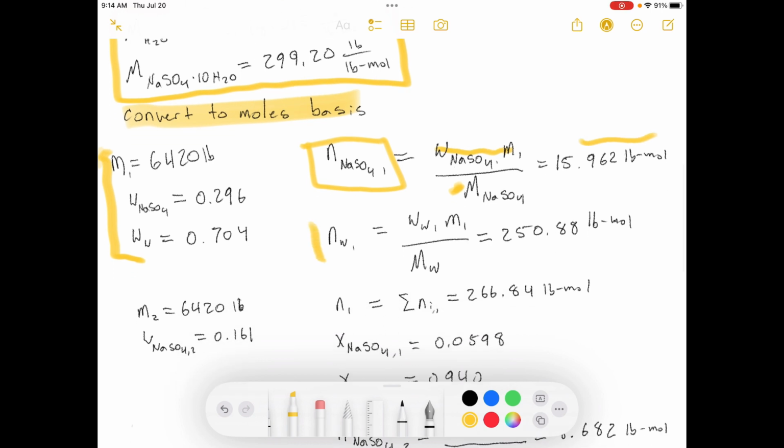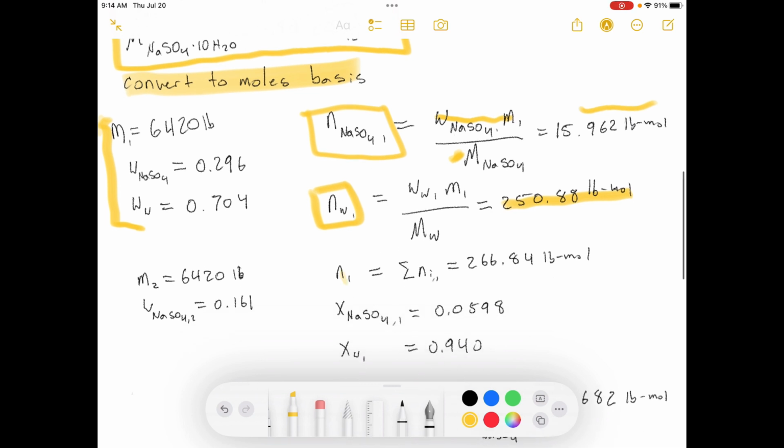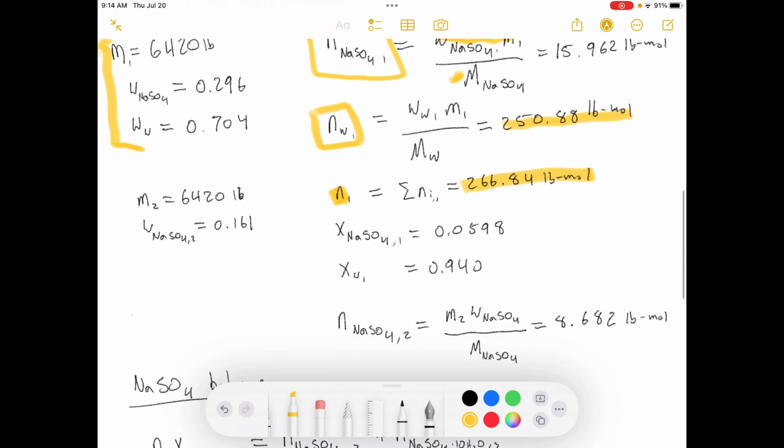Then I do the same thing for the water in stream 1, and I get this many moles of water in stream 1. To calculate the total number of moles in stream 1, I just add those two together because there's only two components, and then from there I can calculate the mole fractions in stream 1.